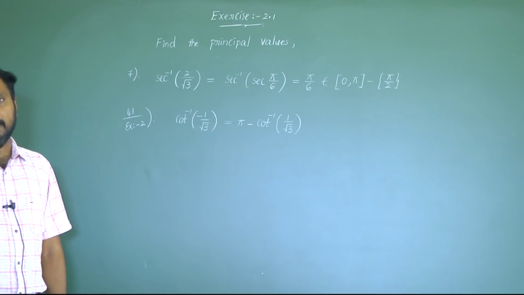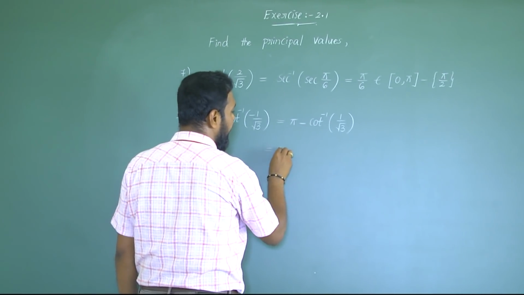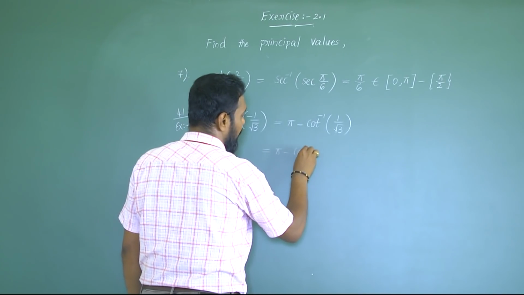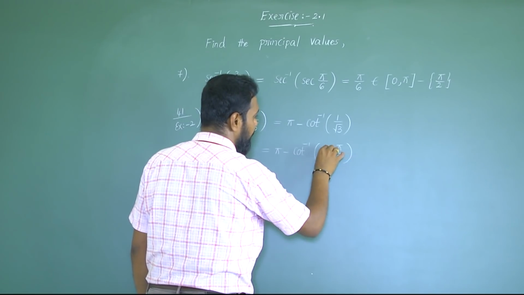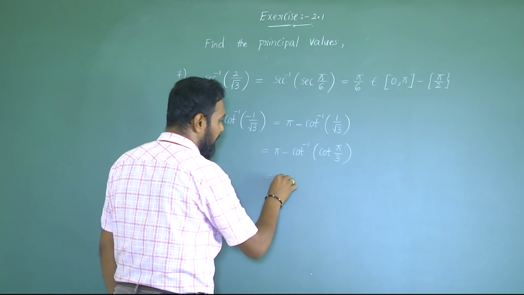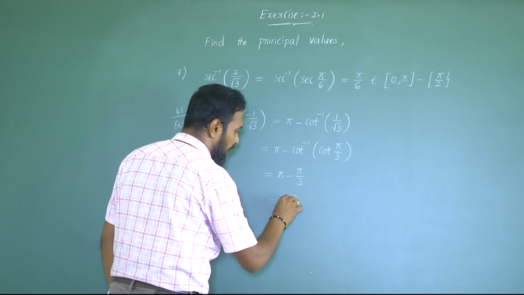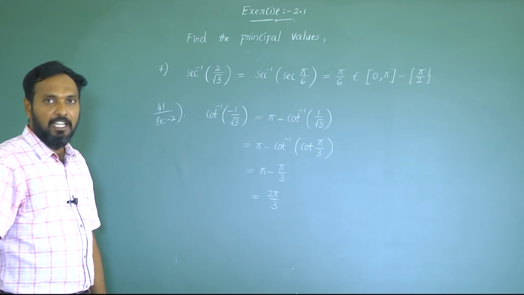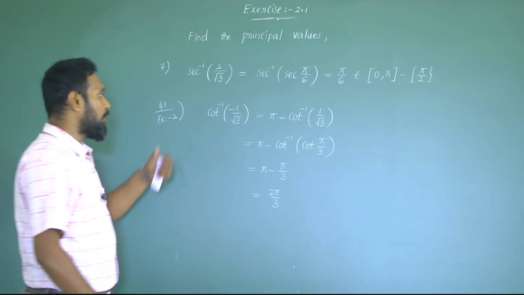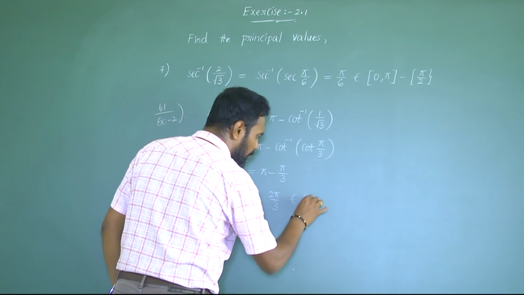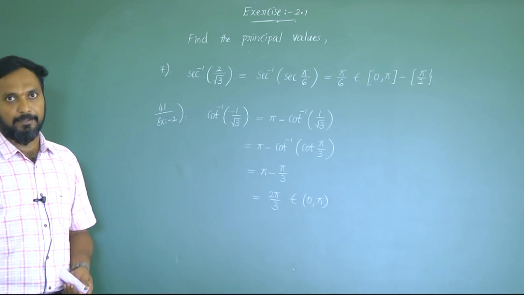How can I write 1 by root 3 in terms of cot function? Cot 60 degrees. So pi minus cot inverse of cot pi by 3. Cot inverse cot will cancel. It is pi minus pi by 3, that equals 2 pi by 3. This value should lie in the range of cot inverse. What is the range of cot inverse? Open 0 comma pi. So it is correct.